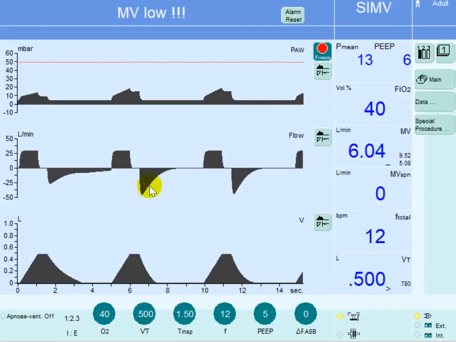If the time constant is decreased, that indicates either the resistance is decreased or the compliance is decreased. In this case, the compliance is decreased.